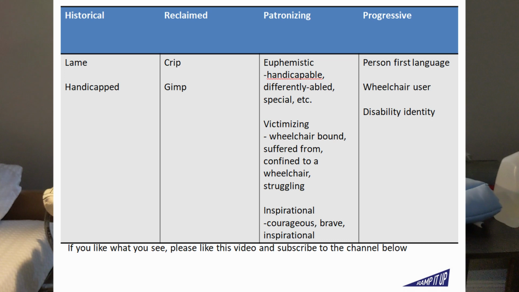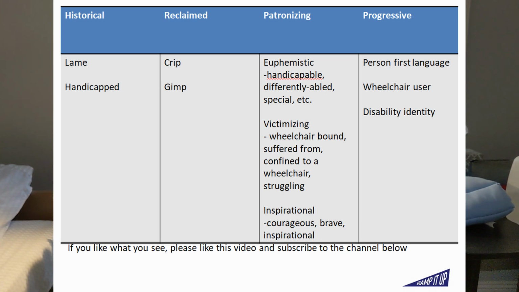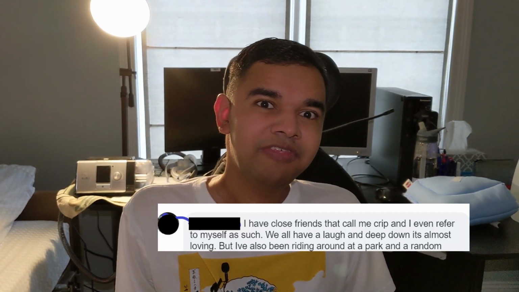Derogatory or offensive words like cripple, sometimes shortened to crip, and gimp have been reclaimed by the disability community as a source of solidarity and pride about disability, much like the word queer by the LGBT community and the N word by the African American community.